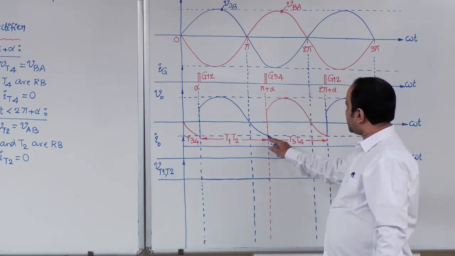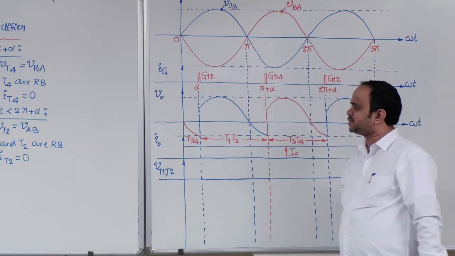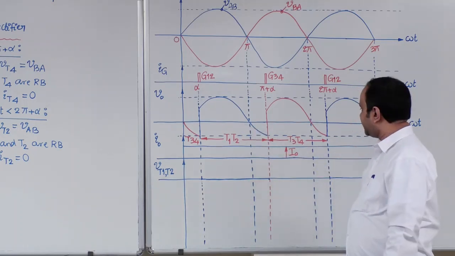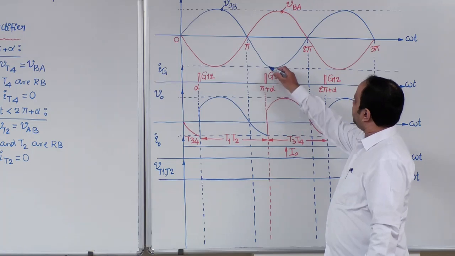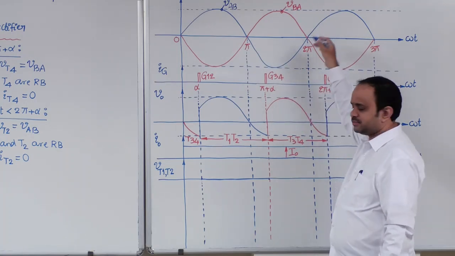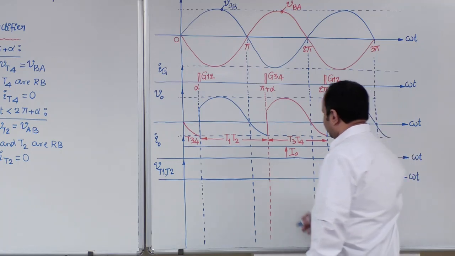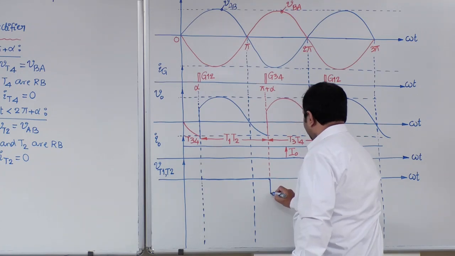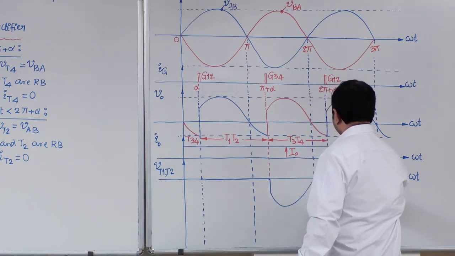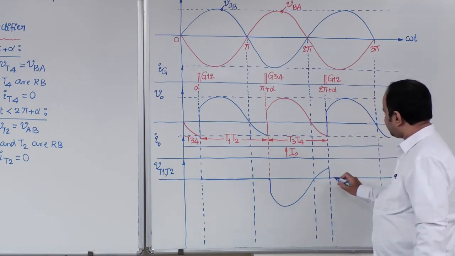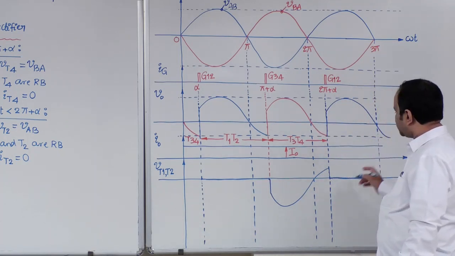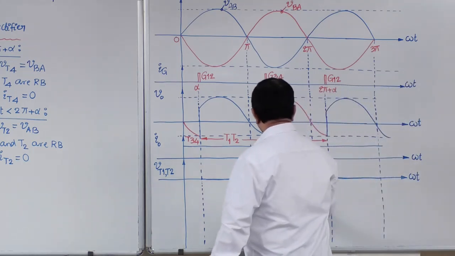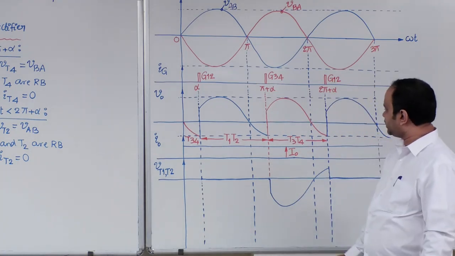Next, for pi plus alpha to 2 pi plus alpha, we just concluded the voltage across T1 T2 is VAB. VAB means the blue sinusoidal. Therefore, you can draw the blue colored sinusoidal waveform here, which is just the same as the source voltage. From 2 pi plus alpha onwards, again this pair is triggered, hence the voltage drop will be 0.